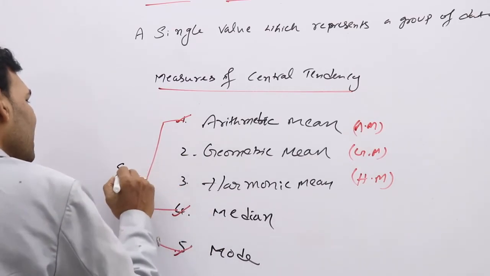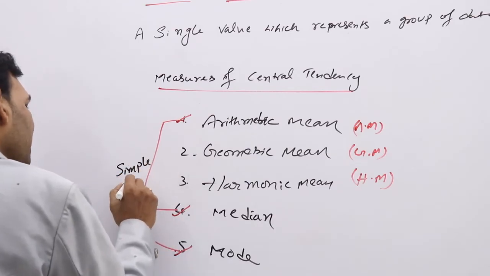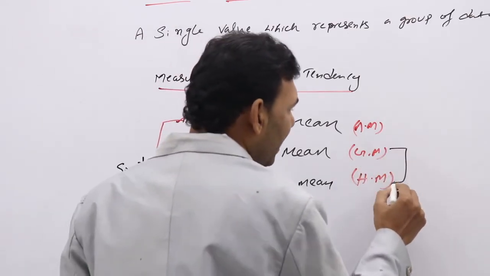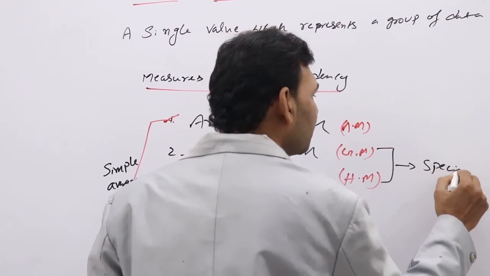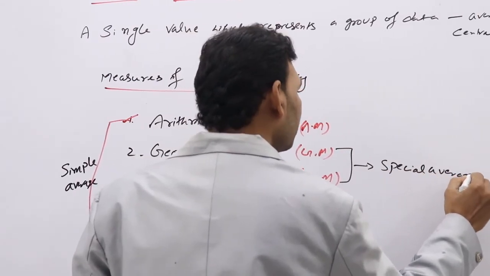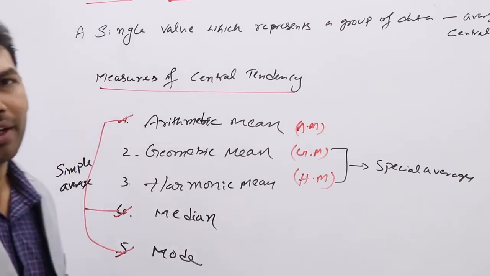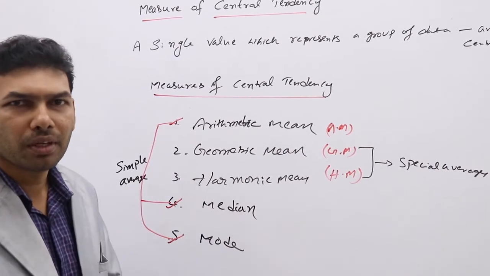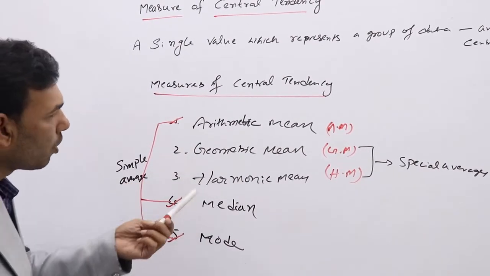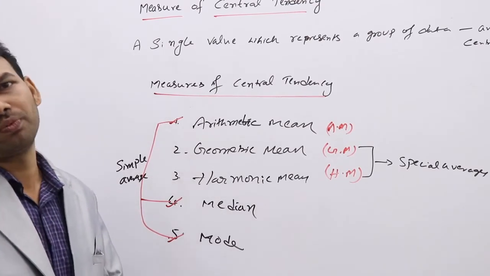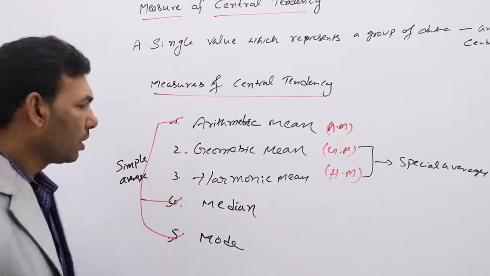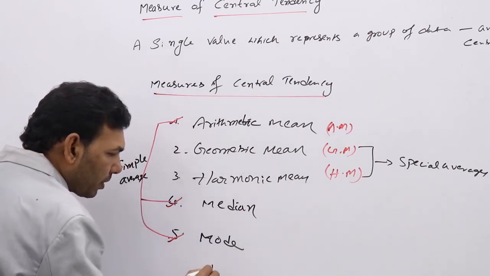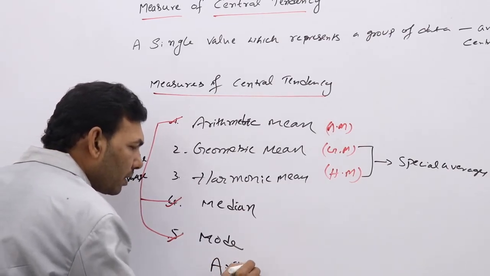We call these two, geometric mean and harmonic mean, special averages. Generally, we assume that central values means mean, median, mode only. But not only mean, median, mode; we have two more, geometric mean and harmonic mean, which also come under central values. So come to the first one, arithmetic mean.